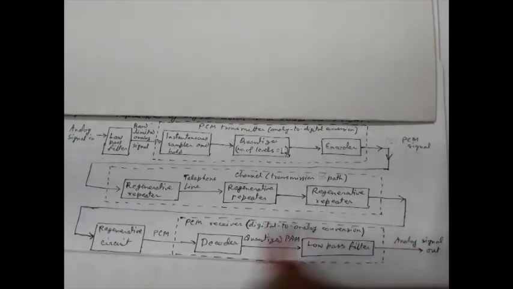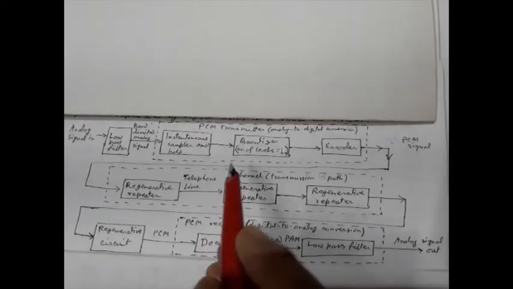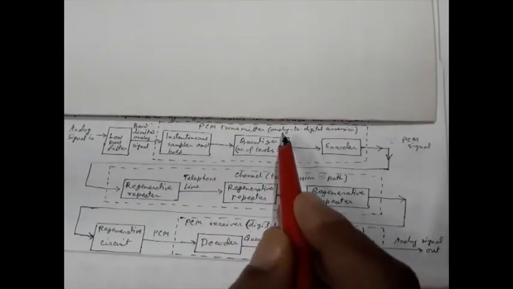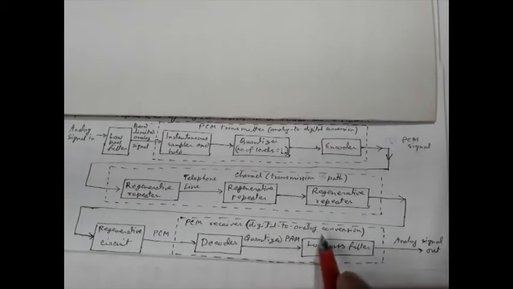After passing a long distance of channel, we have the PCM receiver. PCM receiver block consists of two functional blocks. One is the decoder and another is the low pass filter. So basic operation of this PCM transmitter is the analog to digital converter, and basic operation of the PCM receiver is digital to analog converter.